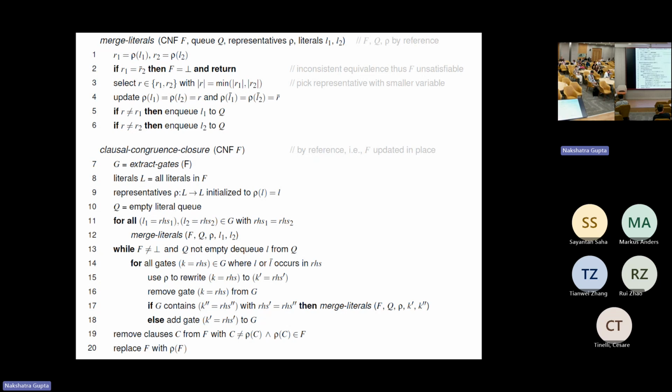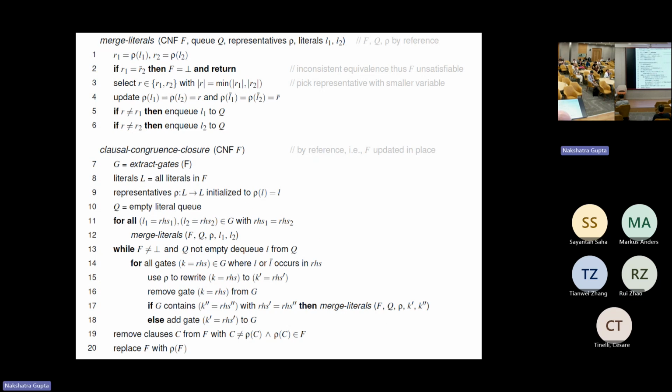It maps literals to literals, but potentially also to constants. And then we eagerly first remove this old gate, which is now rewritten. But before we add this rewritten one, we first check whether there's a matching one. Matching means a gate which, after rewriting, has the same right-hand side. And if so, we say that the two literals, the left-hand sides of this rewritten one and this one, should be merged. And this continues like that, okay?